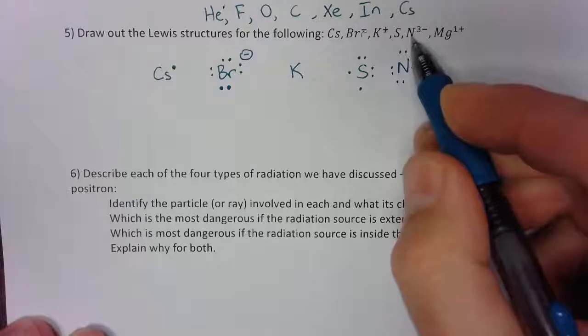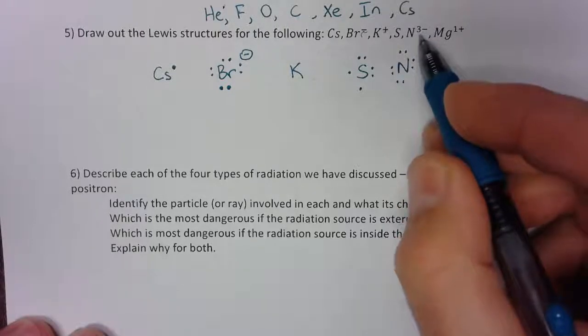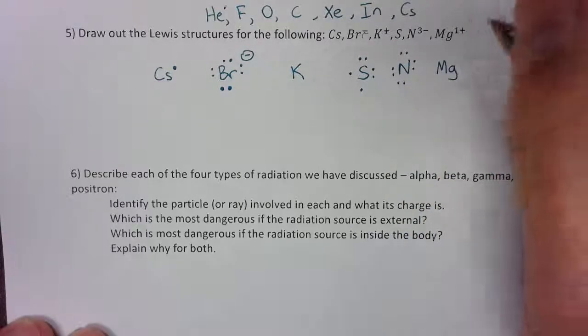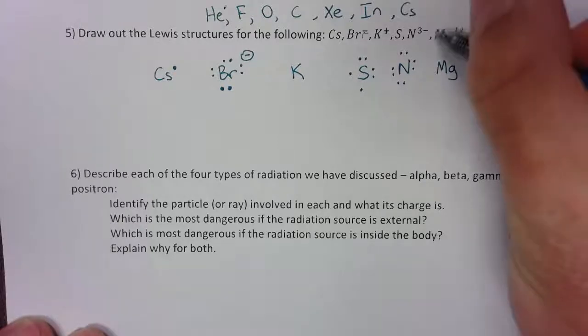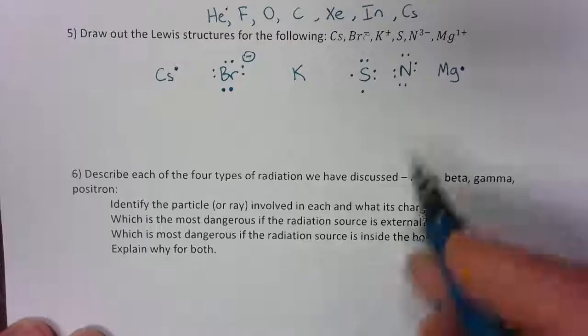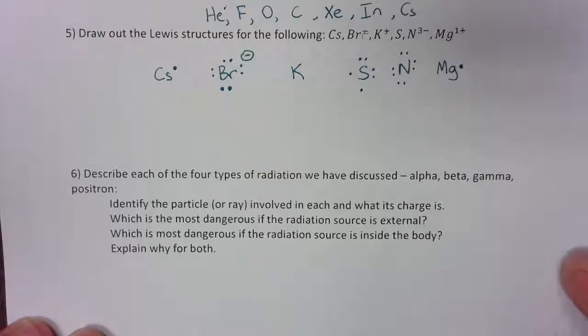Nitrogen has 5, and then we add 3 additional electrons to make it 8. Magnesium would normally have 2, but because there's a 1 plus charge, we're going to remove 1 of those 2, leaving magnesium with just 1 electron, 1 valence electron.